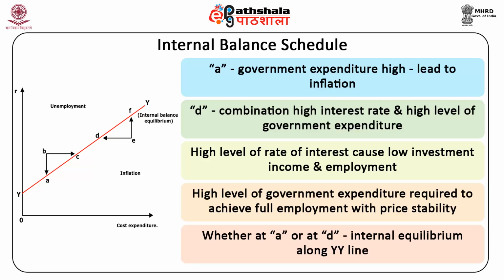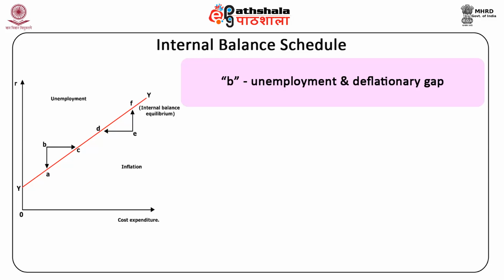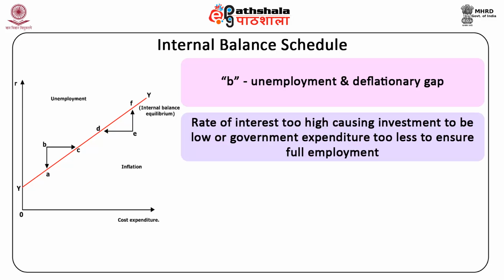along the YY line. To the left of YY, at a point such as B, there is unemployment and a deflationary gap, because at point B, either the rate of interest is too high, causing investment to be low, or the government expenditure is too little to ensure full employment in the economy.